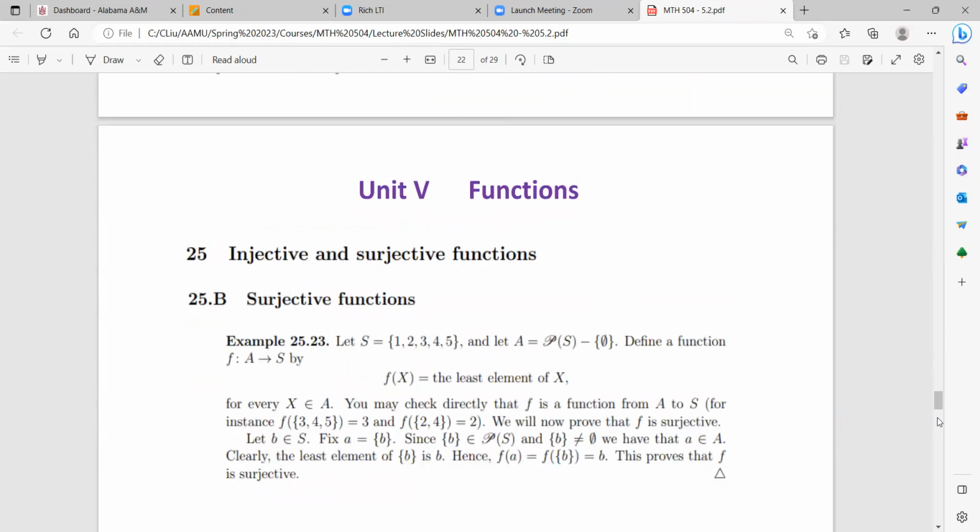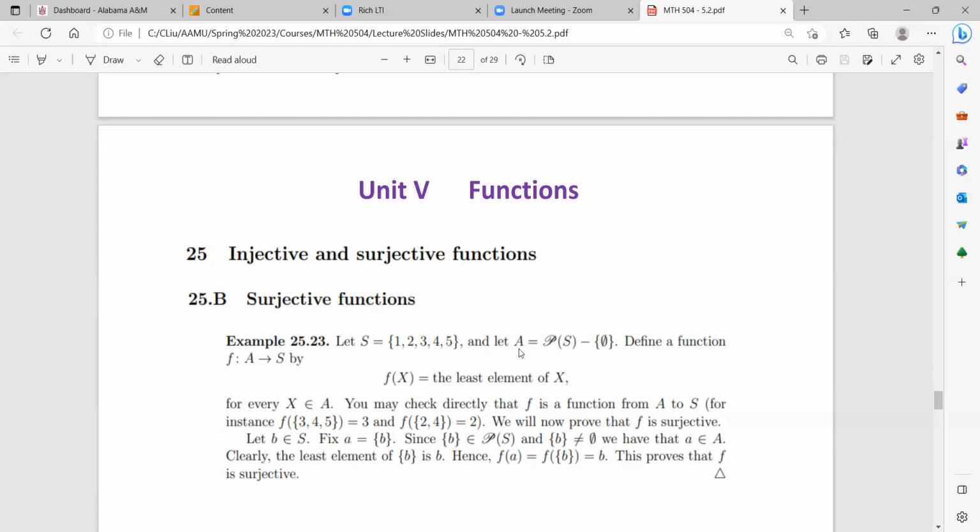Okay, let's just look at one more example. This time we're talking about the power set P of S. If you still remember what it means, given a set S, the definition of capital P of S, the discrete P of S, is all the subsets of S, including S itself.